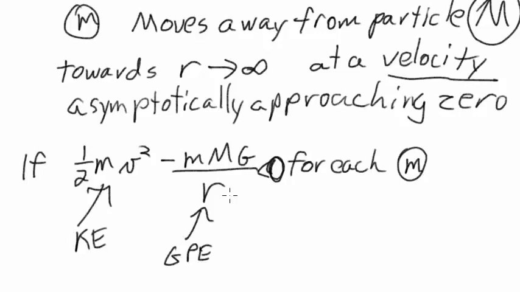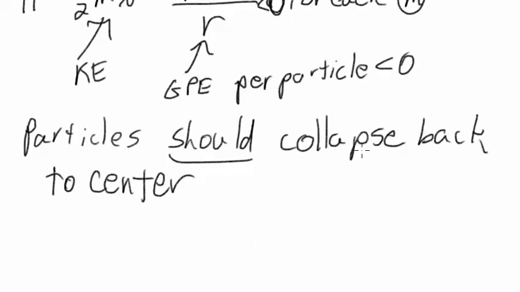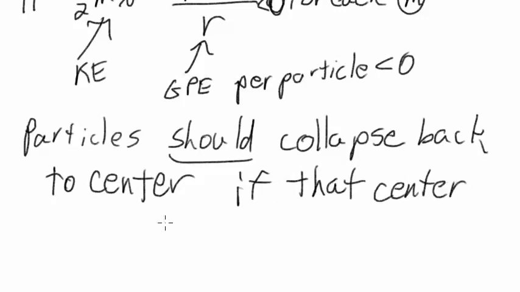If the kinetic energy plus gravitational potential energy per particle is less than 0, then the particles should collapse back to the center, if that center existed, which unfortunately in this case, though, does not exist.